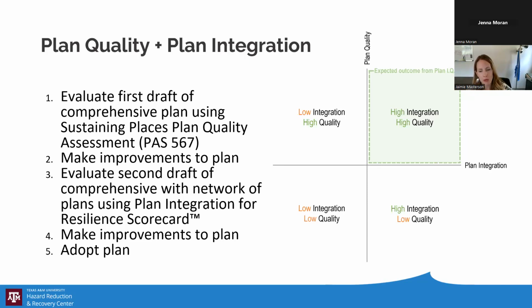And every time, it was an iterative process, a feedback loop of assessing, taking a critical look and evaluation of the meat of what exactly we are putting in our plans, and then how it relates to the other plans that have already been developed and written, and really pushing both the plan quality and the plan integration together.